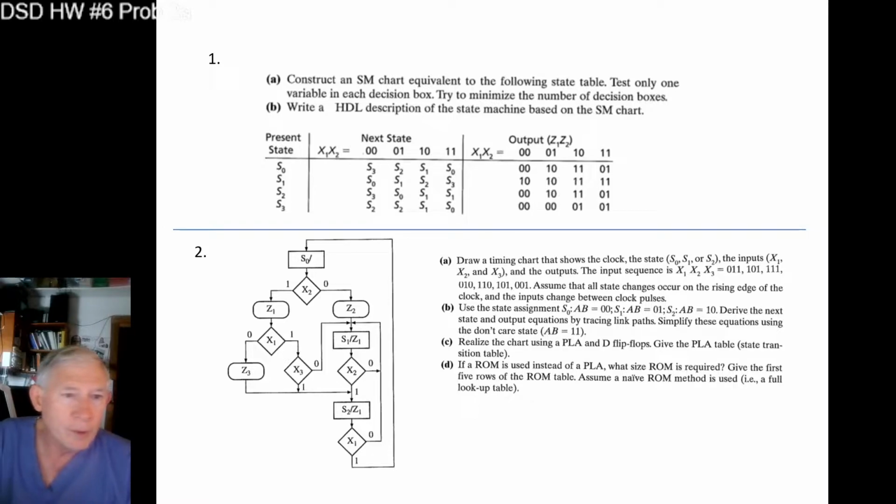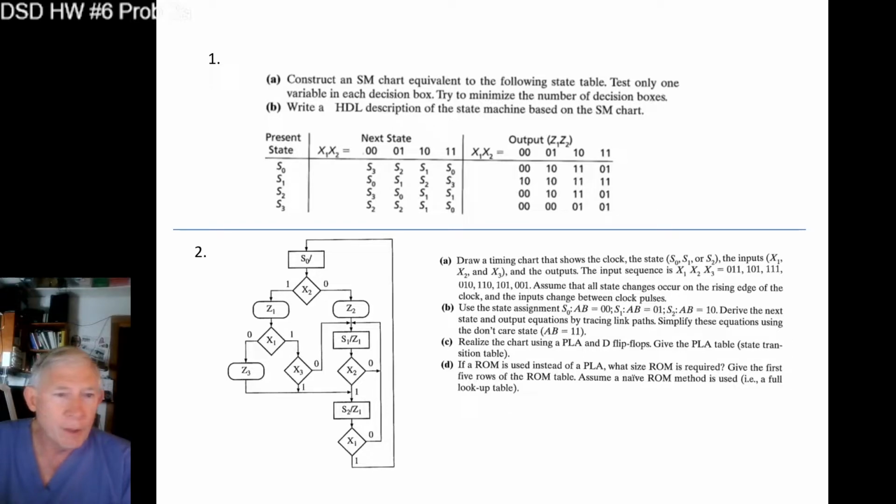So I write S2 in, and then we'll assume the inputs are good halfway through. X1, X2, X3 for the second set would be 1, 0, 1. Looking here, in S2 the only thing we're really going to check is X1. X1 is a 1, so we're going to go back to S0.